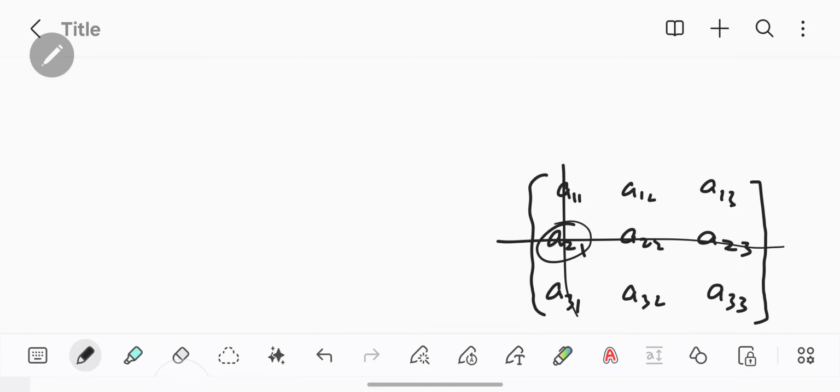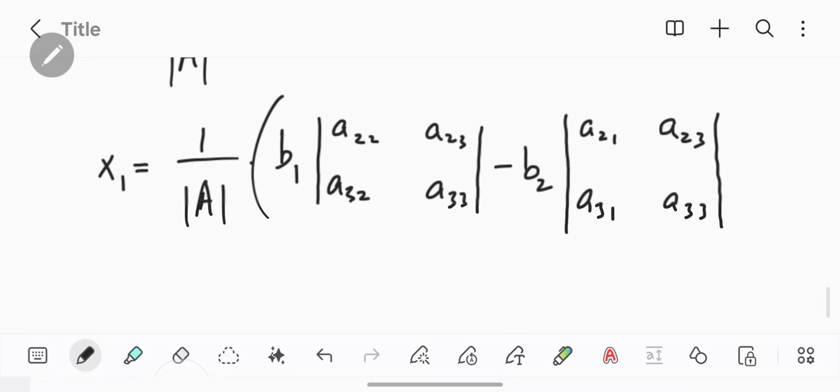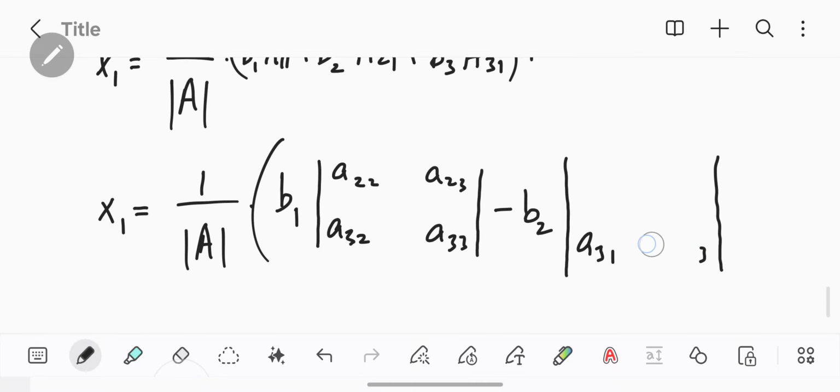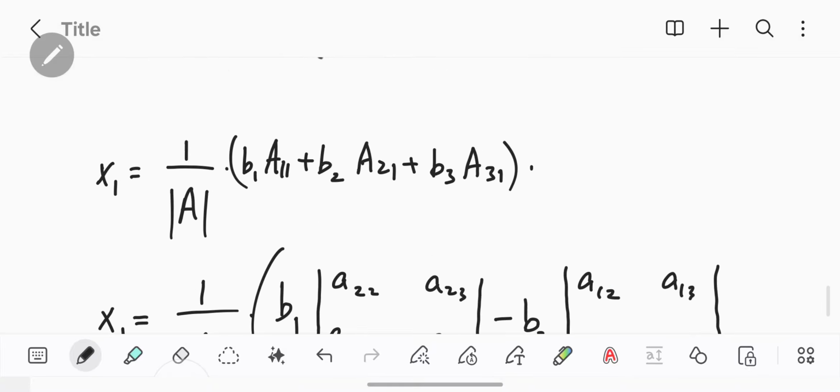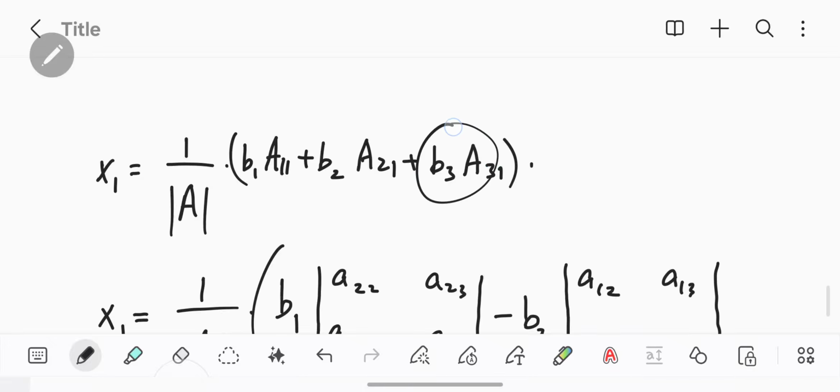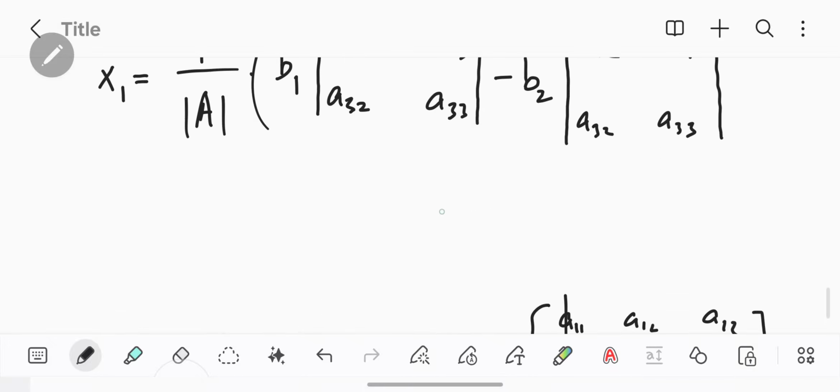A12, A13, A32, A33. And then I will write B3 times A31, which means I will write minus 1 to the power 1 plus 3. So it is plus 1, so I will not write this.